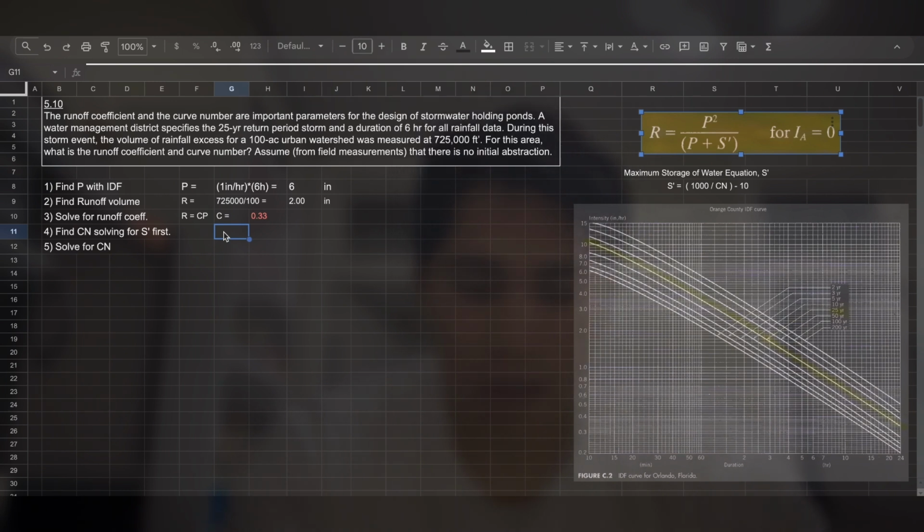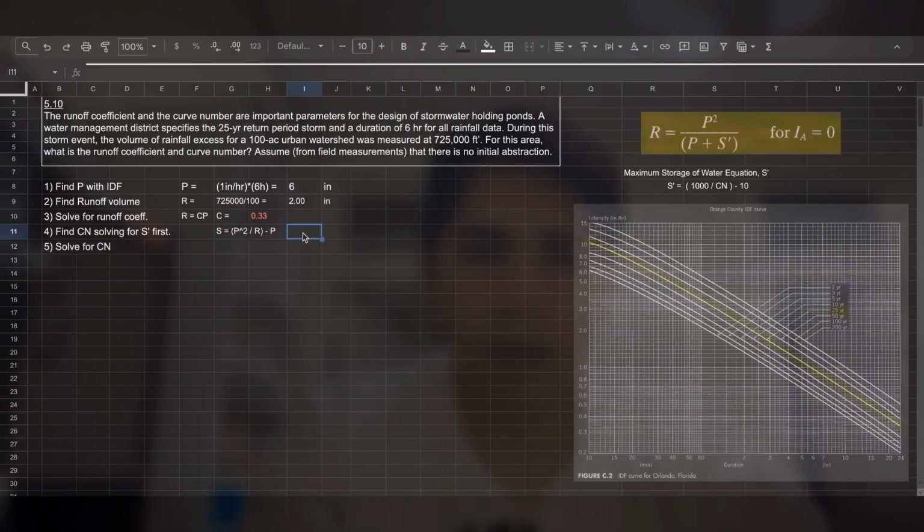If you play around with that equation, you're going to end up having S equals P squared, all of that divided by the runoff minus the precipitation.